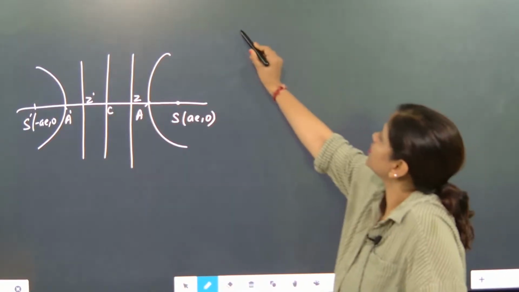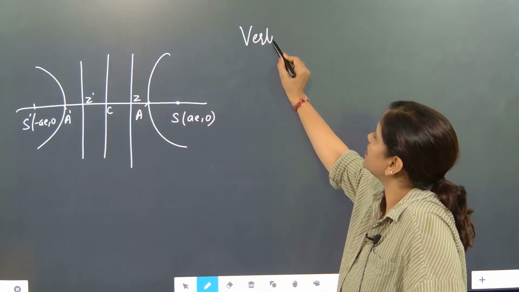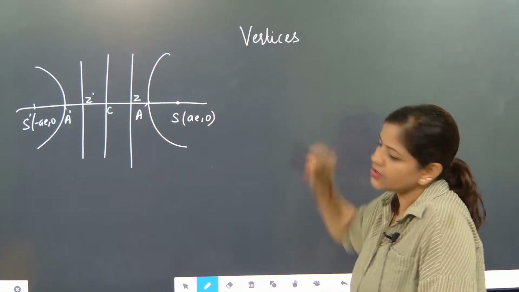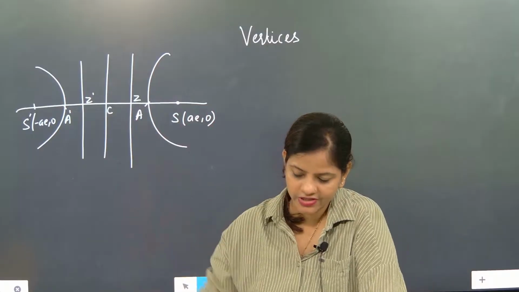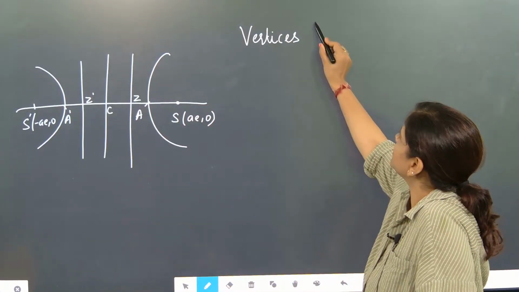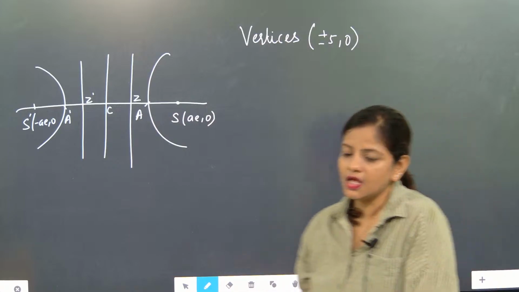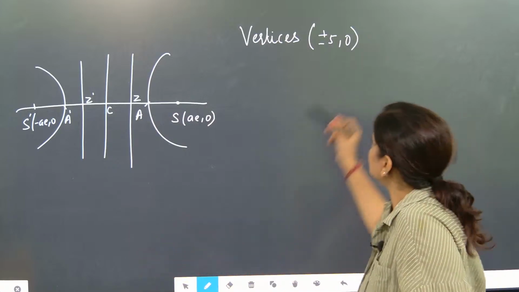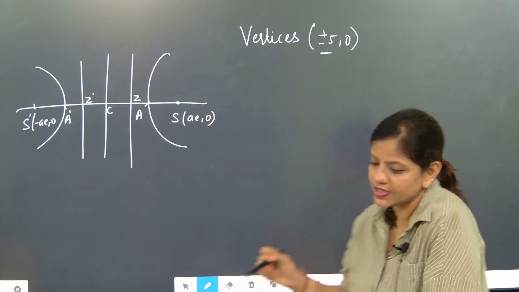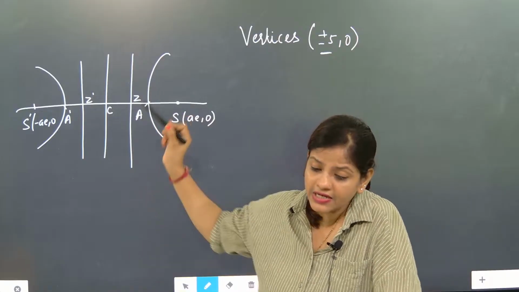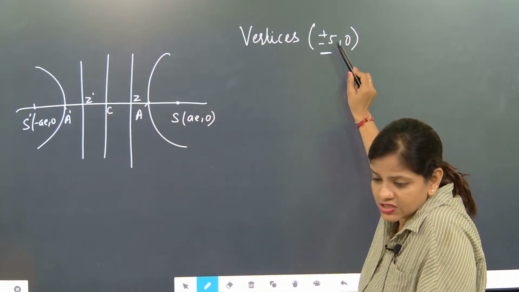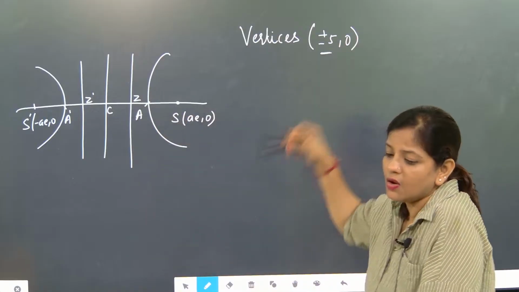Vertex given is what? So vertices, when they will be asking you, they have given you vertex actually. And what is the vertex given to you is plus minus 5 comma 0. Understood? So vertex point, if this is given, means vertex point is given, and for the entire hyperbola, if first section plus minus 5 is written, what does this mean?